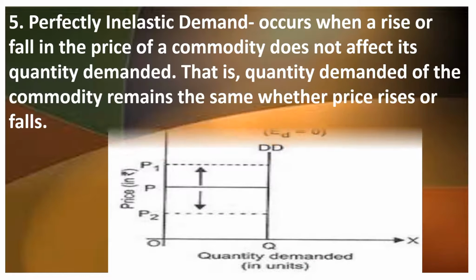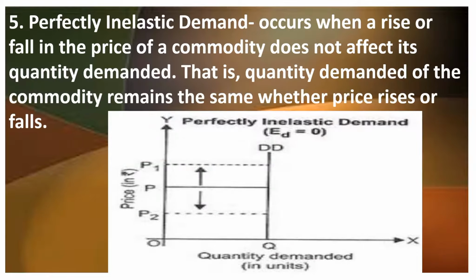This is also called zero elasticity of demand. And the graph or the curve is usually vertical in nature. And most times the coefficient is always zero, meaning zero change. There is no change in demand whether price rises or falls.